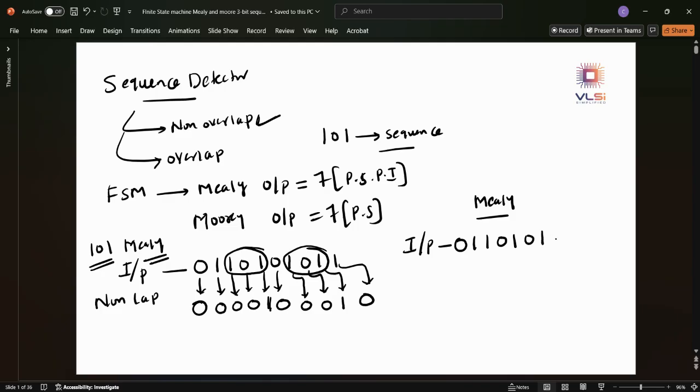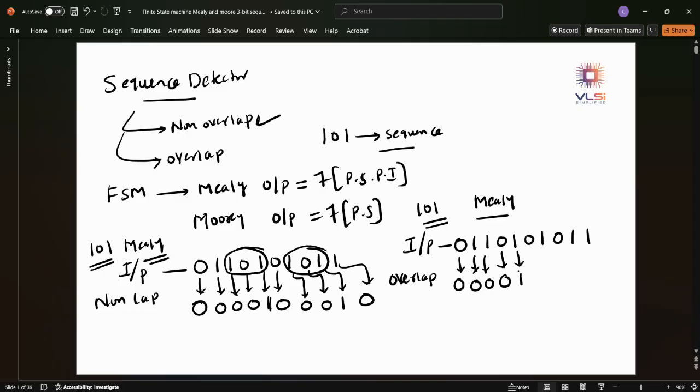I'm using the overlapping sequence, and I'm searching for the sequence 101. Here this is 0, this is 0, and this is 1. You got the sequence, this is 101.